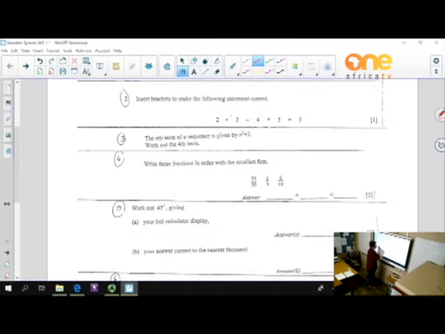So what will make it 3? If we just say 6 minus 9, then we're going to get a negative 3, isn't it? That one is not going to work. 3 minus 4, if you first do that, then we get negative 1. So then we still don't have an answer. Negative 1 plus 5, that will not work.